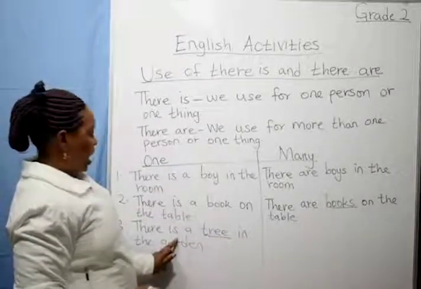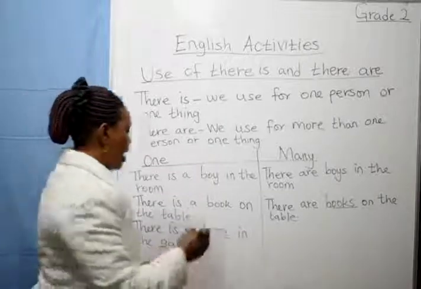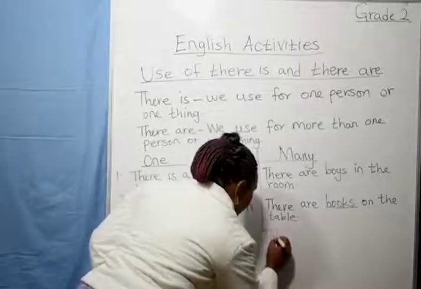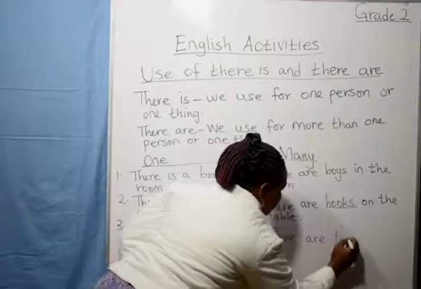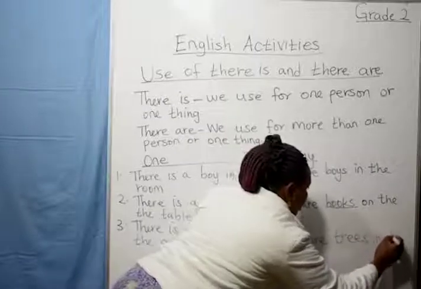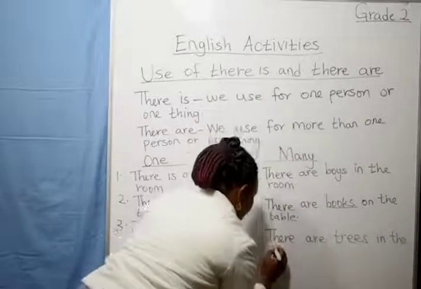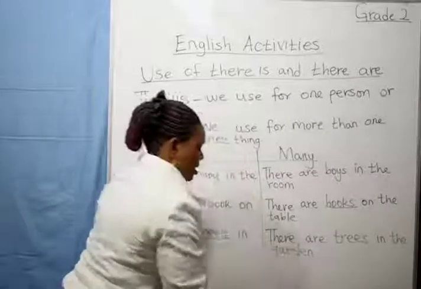When there are many, you say there are trees in the garden. There are trees in the garden.